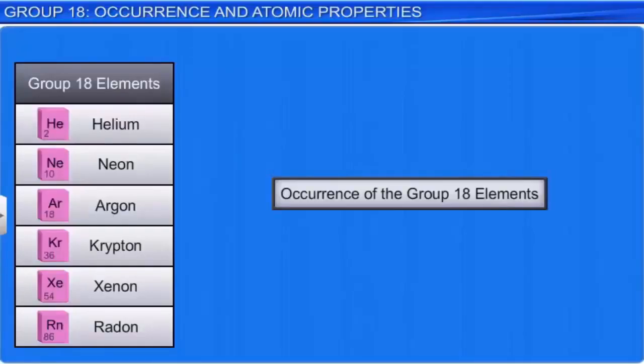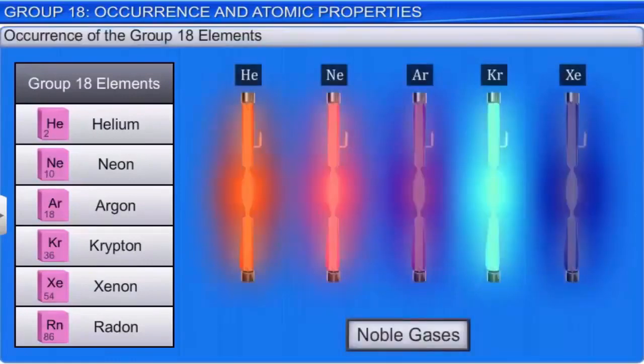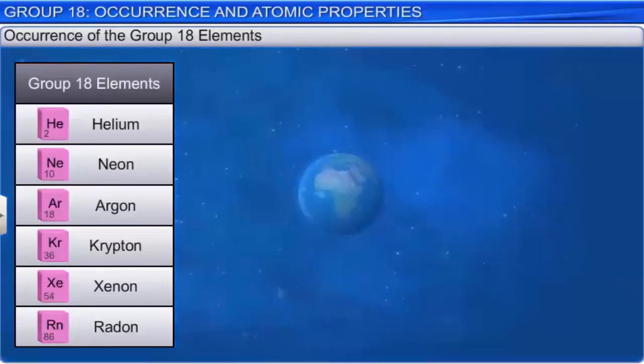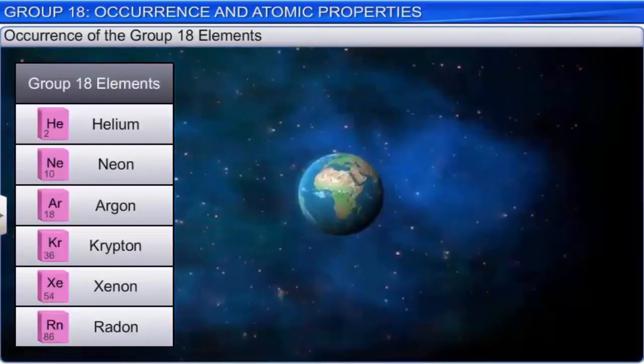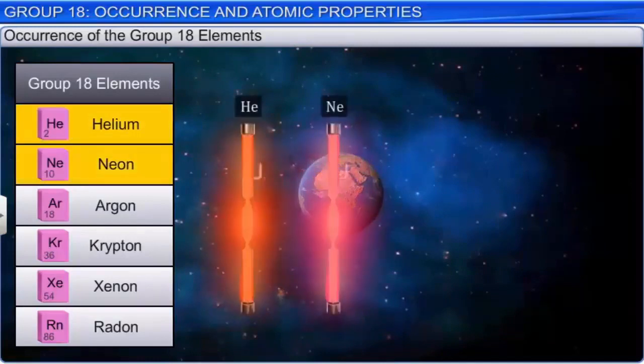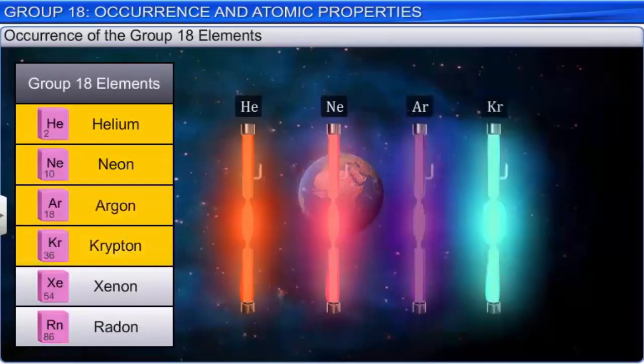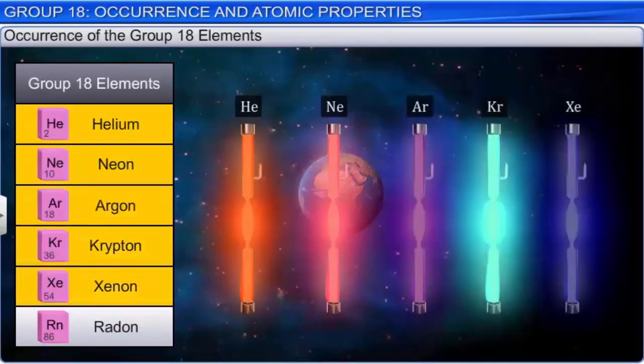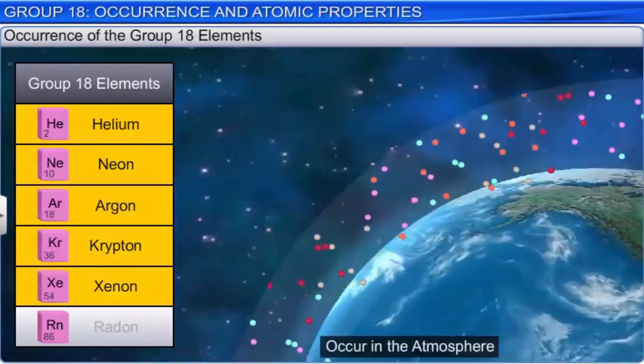Let's now discuss the occurrence of these elements. Owing to their inert nature, all the noble gases occur in free state. All the noble gases, helium, neon, argon, krypton and xenon, except radon, occur in the atmosphere.